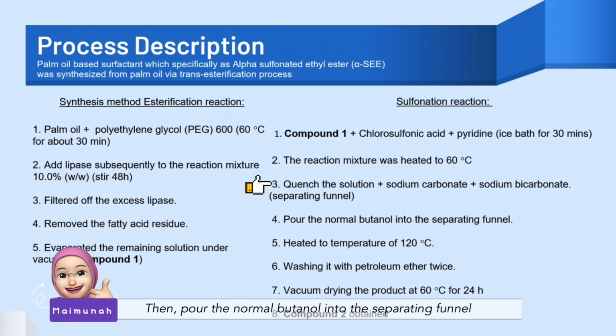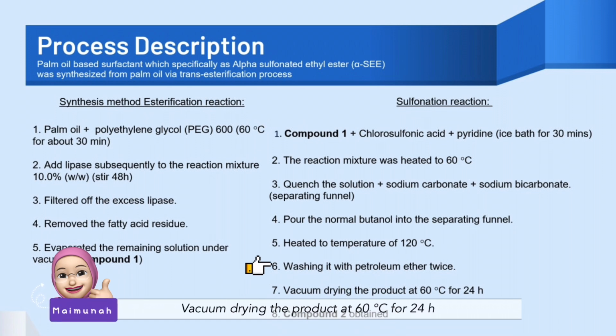Then, pour the normal butanol into the separating funnel to dissolve the components which remain unreacted in the organic layer to obtain the desired product in the aqueous layer, and heat it to a temperature of 120 degrees Celsius to remove water and pyridine from the desired sulfonated product. Then, remove the organic impurities from the final sulfonated product by washing it with petroleum ether twice.